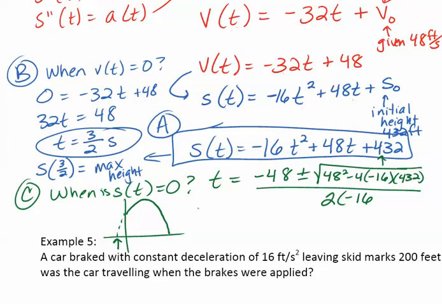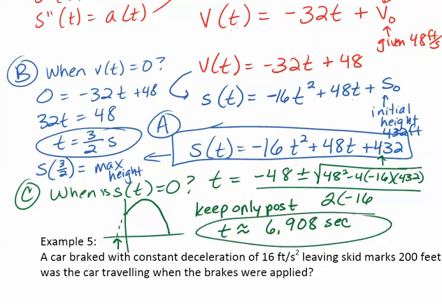So we want to keep only the positive value of t. Keep only the positive t value. So grab your calculator and approximate that. And unless I've made a calculator error, I think it's about 6.908 seconds.